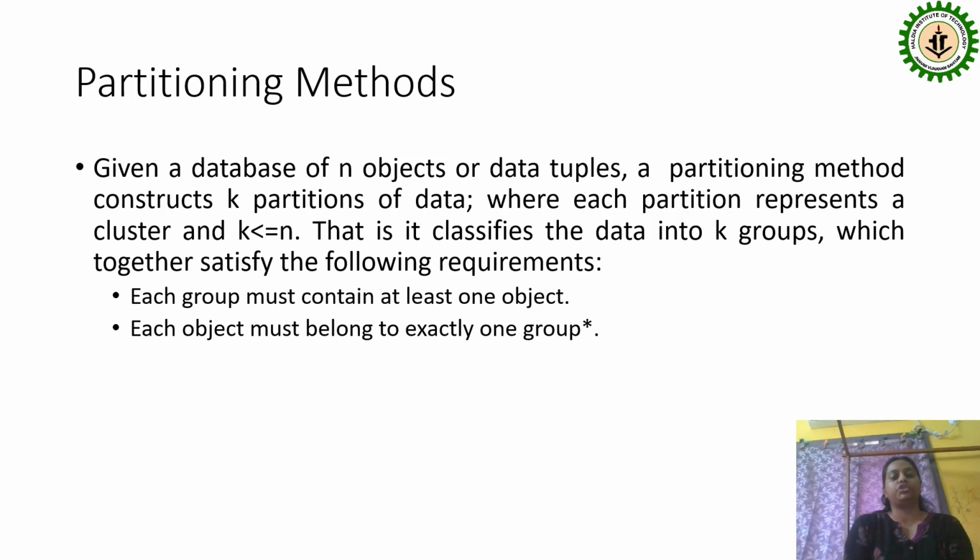It classifies the data into K groups which together satisfy the following requirements. There are 2 essential criteria. First of all, each group must contain at least one object. If there is no object, it is not assumed to form a cluster.